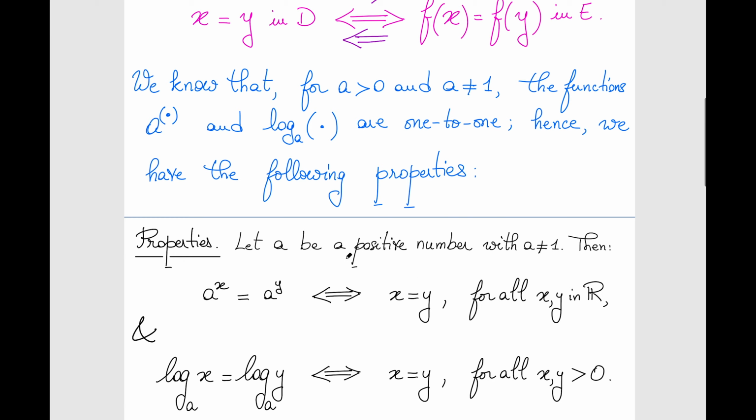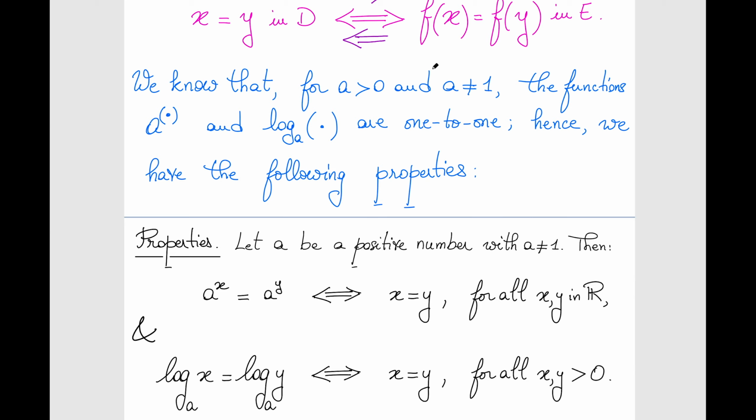So given a number a that's positive and different than 1, then a to the x equals a to the y. I'm reading this property from the right side first. A statement is equivalent to another if and only if the latter is equivalent to the former, I mean, equivalence is symmetric. So it doesn't matter which one you state first. I'm going to state the right one first, and then that's going to be equivalent to the left one.